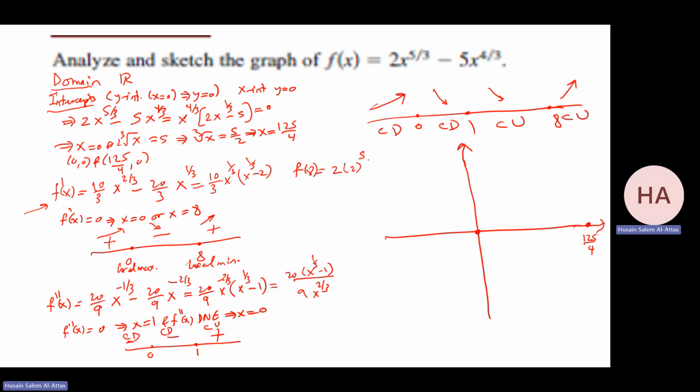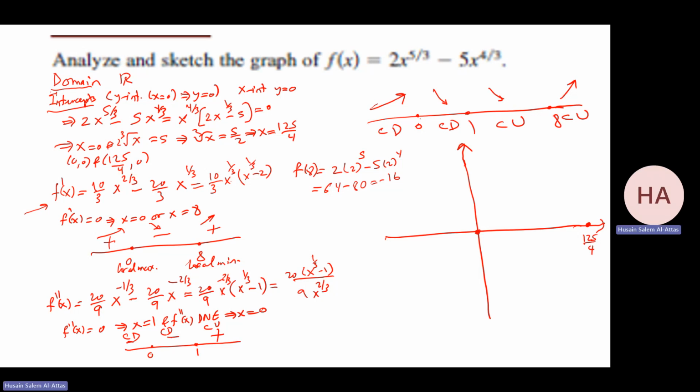So 2 times 2 to the power 5 minus 5 times 2 to the power 4. 2 to the power 5 is 64, 2 to the power 4 is 16, and 16 times 5 is 80. So 64 minus 80 is minus 16.